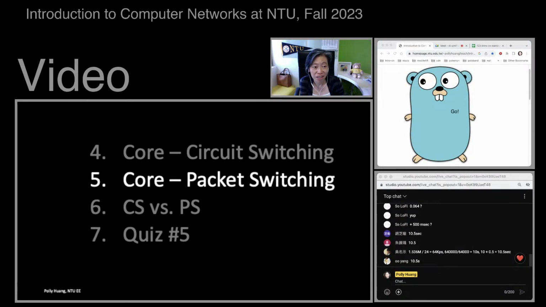So packet switching sounds great, right? At the beginning, there's no longer reservation needed before data can be sent. Once you have data, you can just push it out as soon as you can. But when everyone is pushing data out without checking whether there's enough network resource, you might have congestion, and there's this queuing delay that's unpredictable.